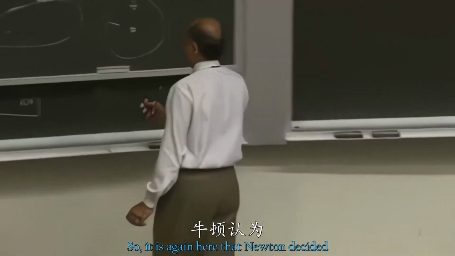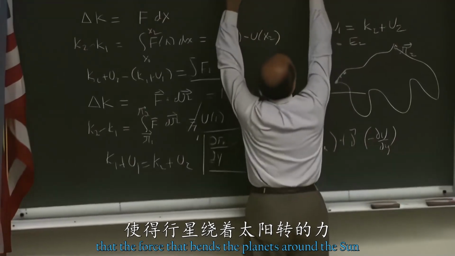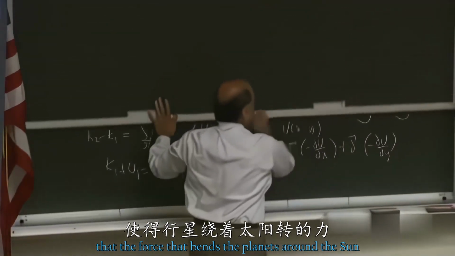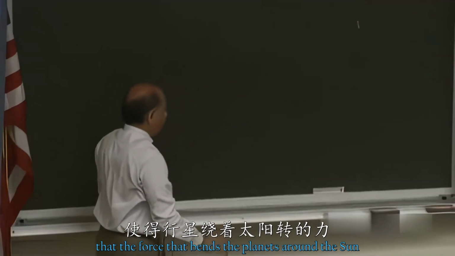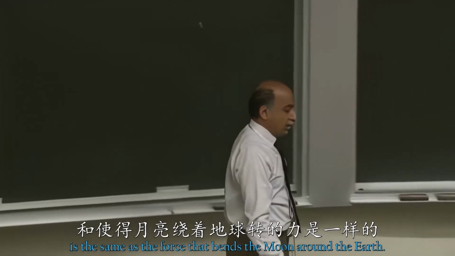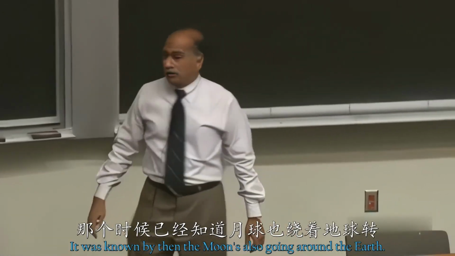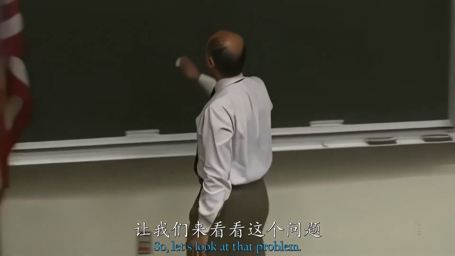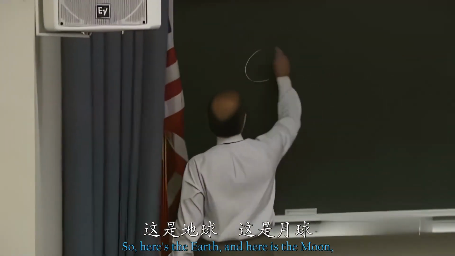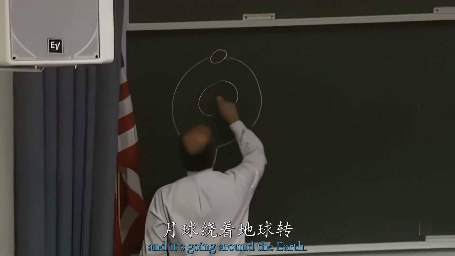So it is again here that Newton decided that the force that bends the planets around the sun is the same as the force that bends the moon around the earth. It was known by then the moon is also going around the earth. So let's look at that problem. So here's the earth, and here is the moon, and it's going around the earth.